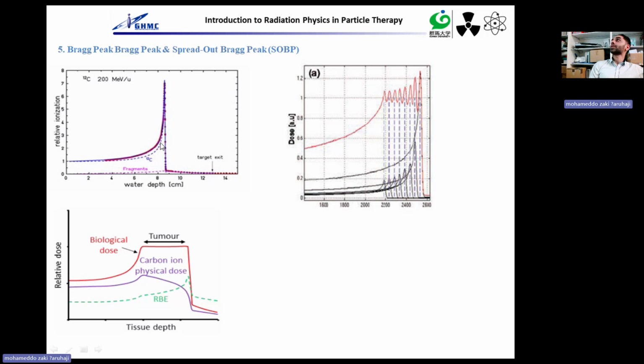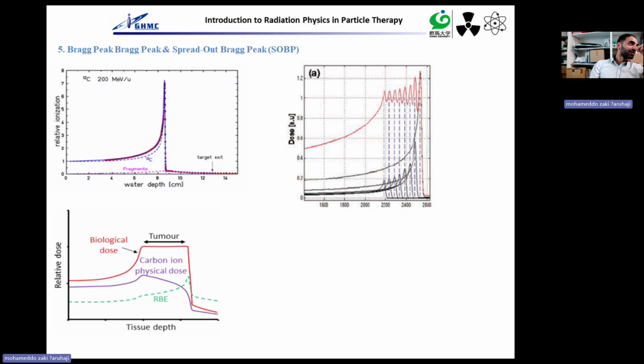We will talk about that later. Now we are interested in the energy in the peak here. This is very good for us to treat, but by itself is not enough. So we take a superposition of each particle with this energy. What do you use to make the width of a Bragg peak?